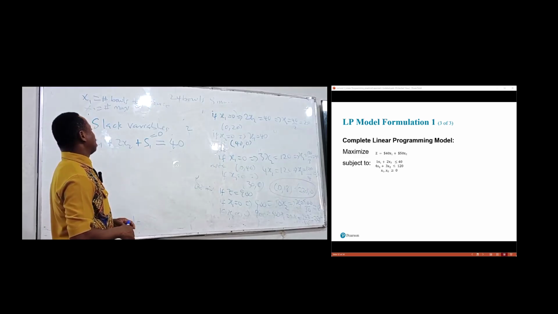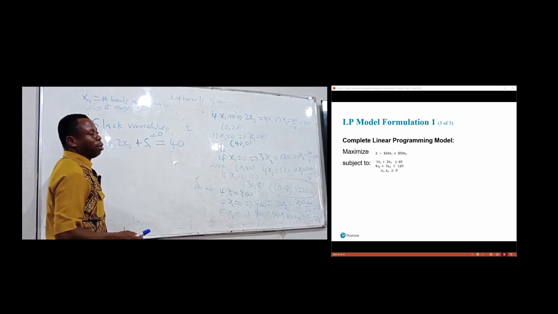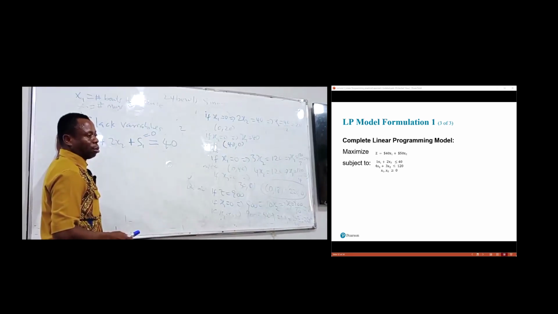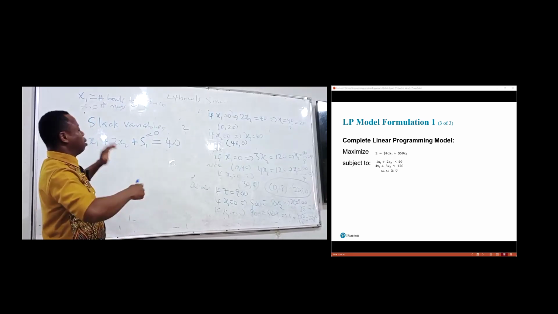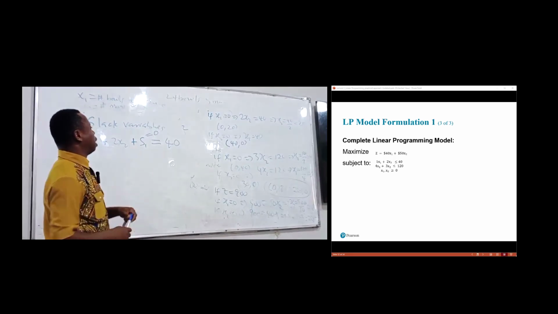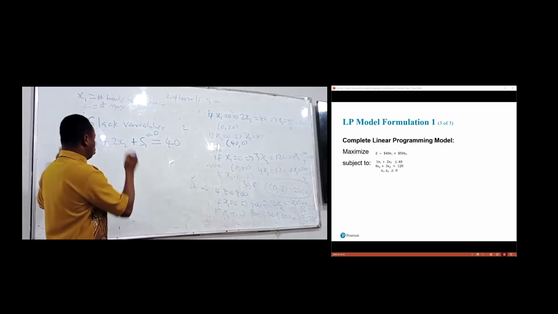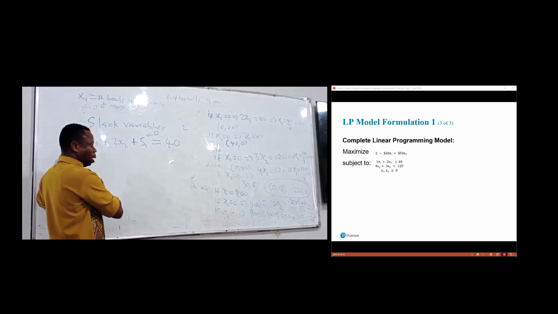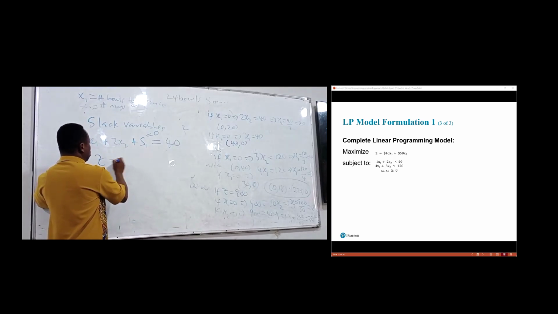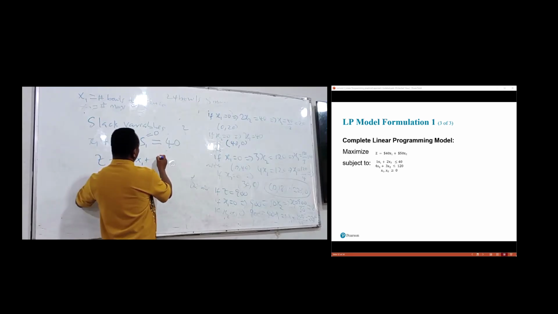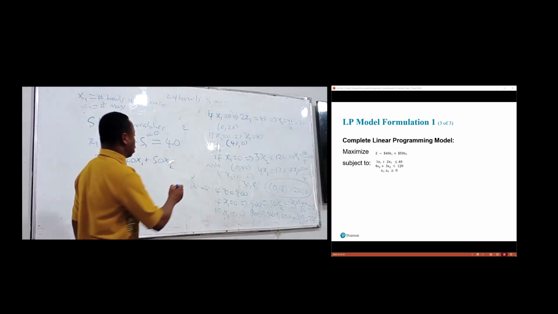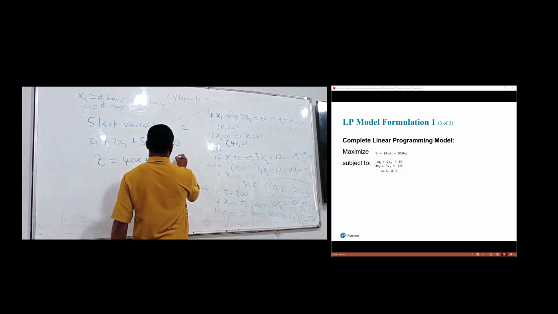The slack does nothing to the objective function. It doesn't change the objective. When you are adding the slack to the objective function, so for instance, the objective function we have, we say G is equal to what? 40 X1 plus what? 50 X2. We have two slack variables. So this is how you add it.